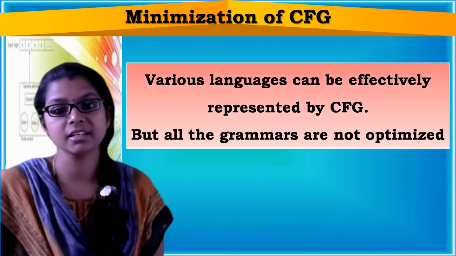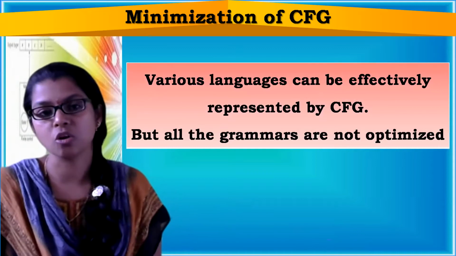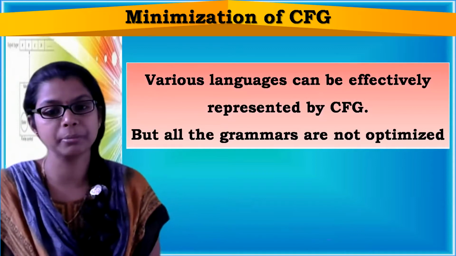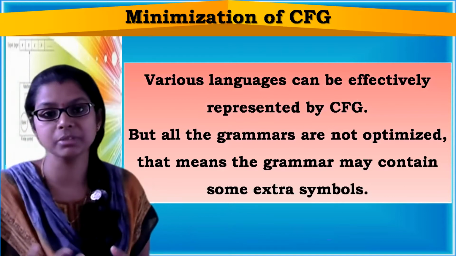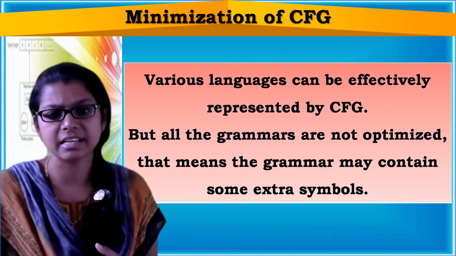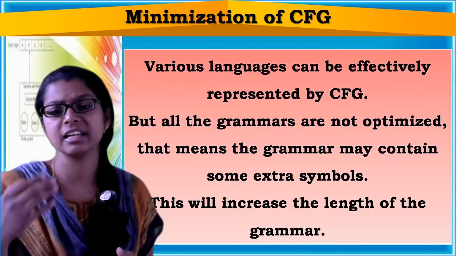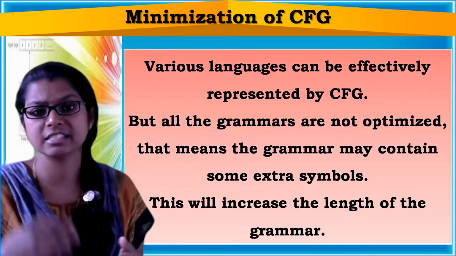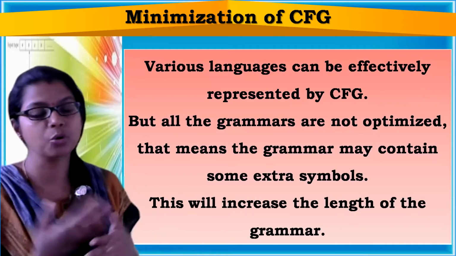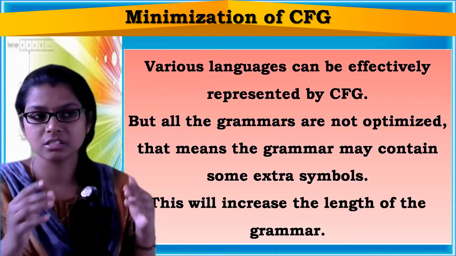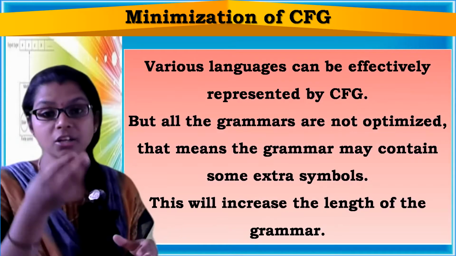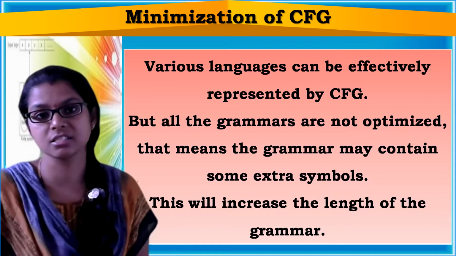Yes, but not all grammars are optimized. That means the grammar may contain some extra symbols. Because of these extra symbols, the length of the grammar increases, which means we get more production rules, rules which are not at all required in the grammar, yet still exist.